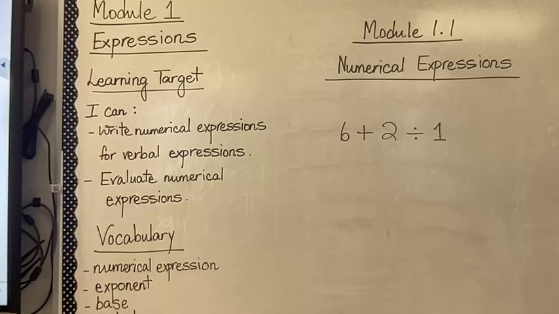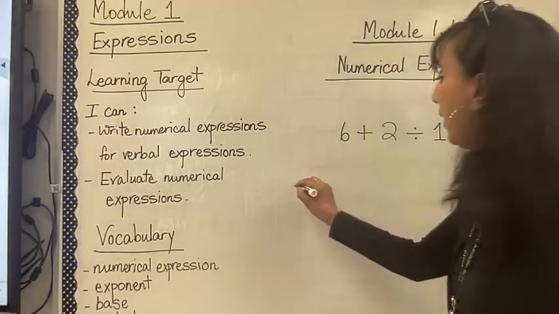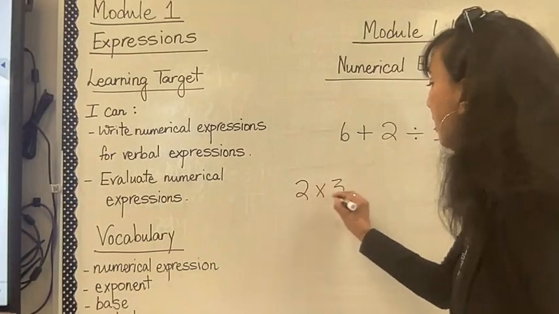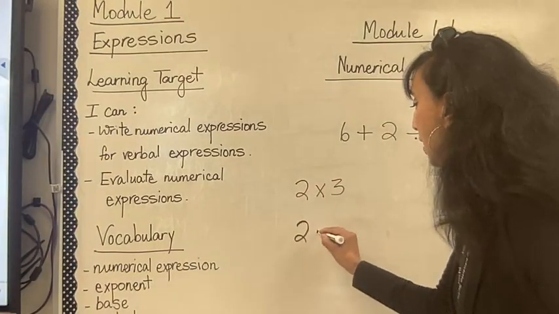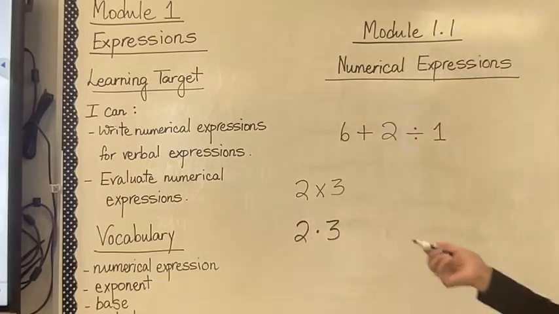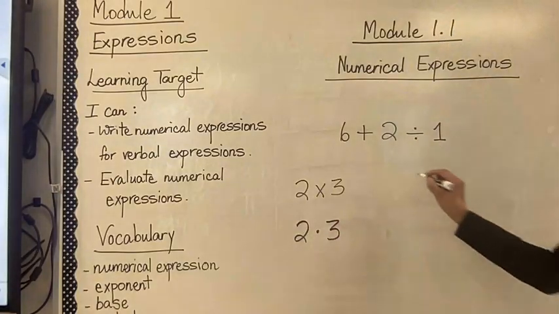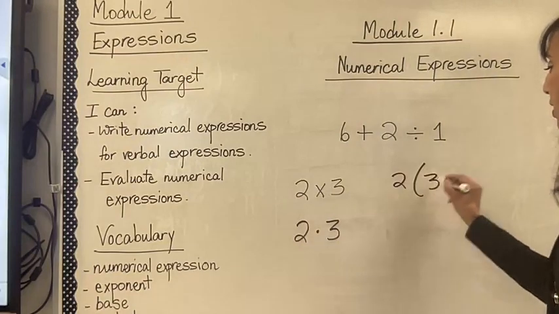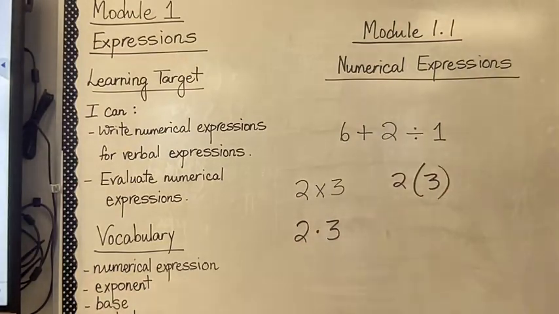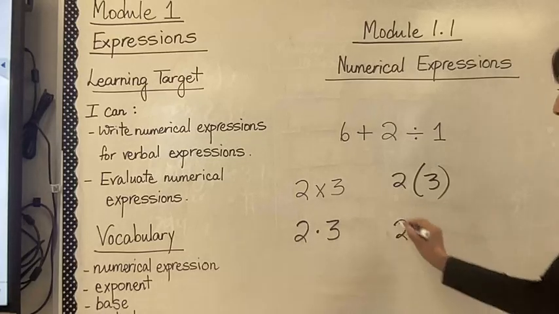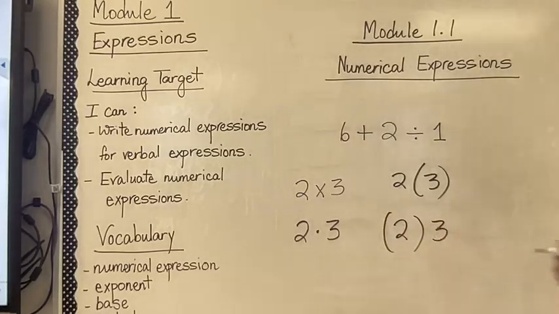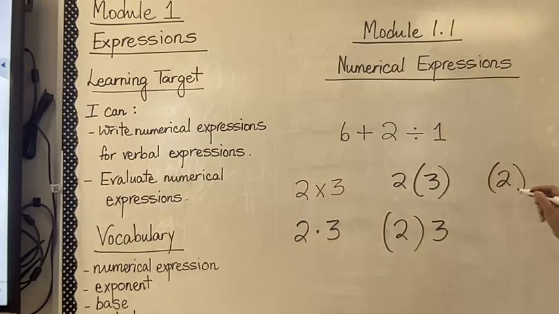And so, for example, I can say 2 times 3 this way, I can also say 2 times 3, and I can say 2 times 3.